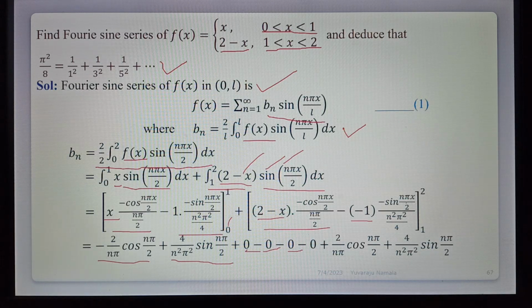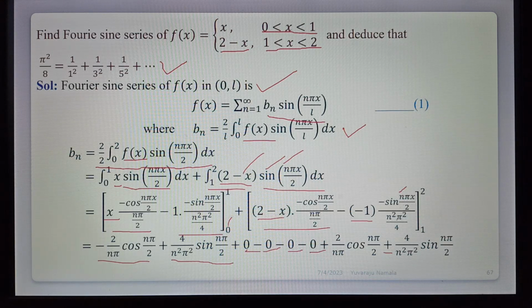Next one, x is equal to 2, that is sin n pi, 2 cancel, sin n pi is equal to 0. Next lower limit 1, that is 2 minus 1, 1, here minus of minus plus 2 by n pi into cos n pi by 2. Next one here minus into minus plus, formula minus.